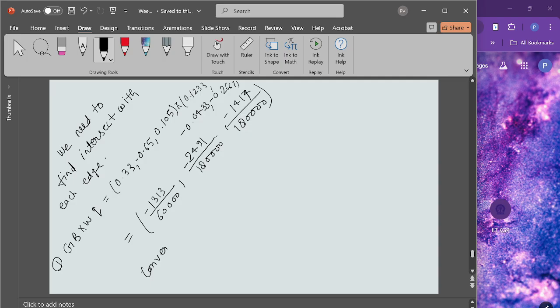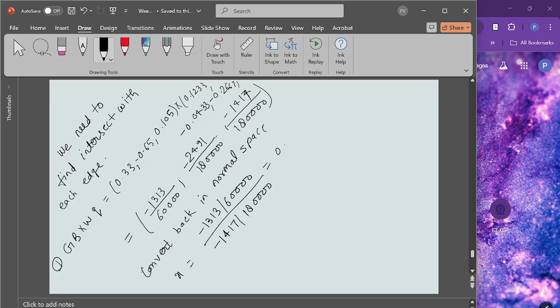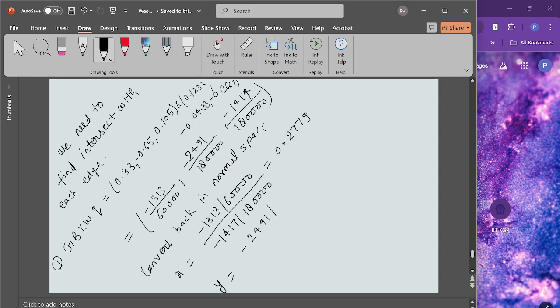Now if you convert back to normal space, x is minus 1313 divided by this, divided by minus 1417 divided by 18,000. Here you will get 0.2779, and for y, minus 2491 divided by 18,000 divided by 18, you will get 0.176.